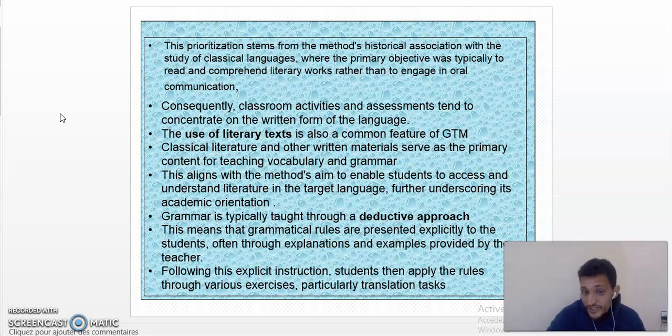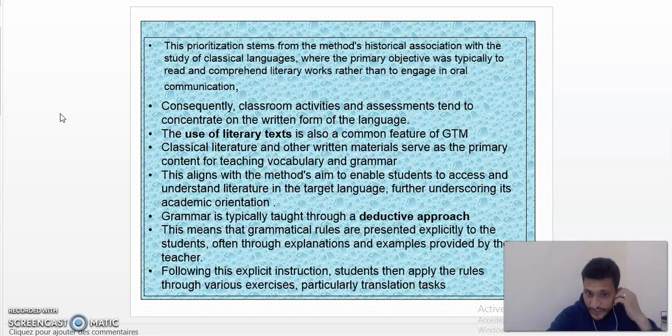Consequently, classroom activities and assessment tend to concentrate on the written form of language. So the classroom activities and assessment are based on the written form of language.